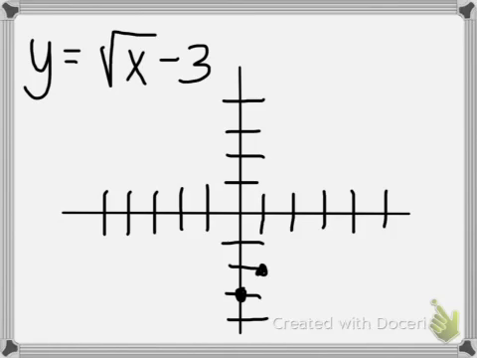And now we are going to go to 2 and then go down 1.5. And then go to 3, go down a little bit less. And then for 4, it would hit negative 1.